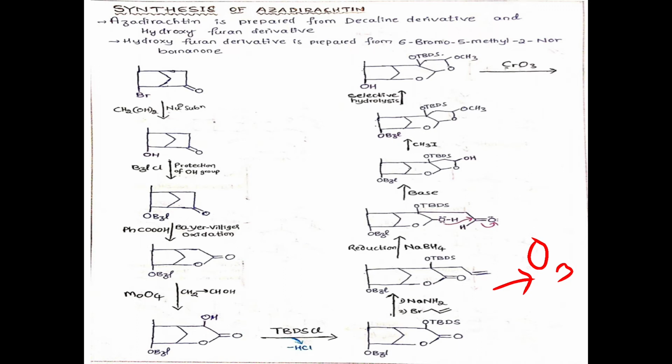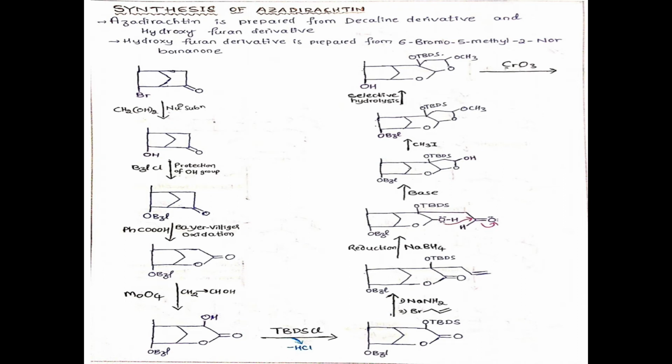After substitution of the allyl group, the compound is treated with ozone for ozonolysis. As a result, the double bond is oxidized to form a ketone. So the C=C can be converted into C=O on ozonolysis. This is missed here, so let us note it.